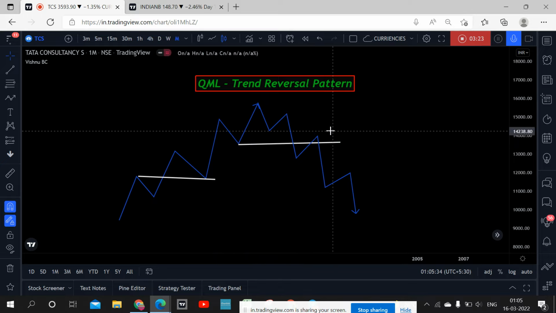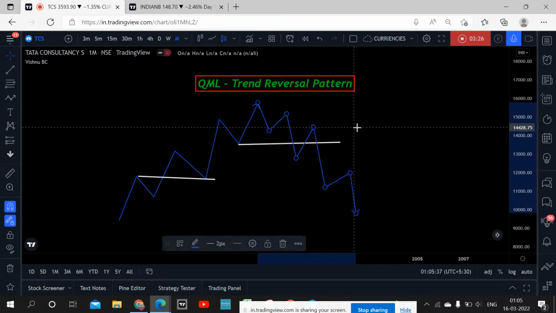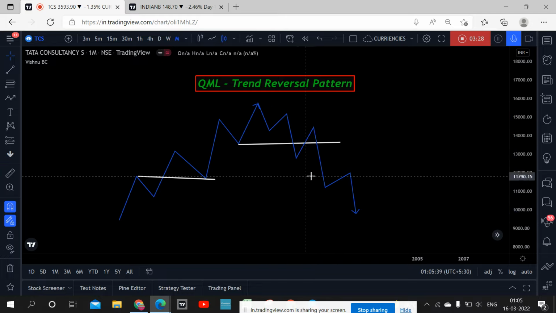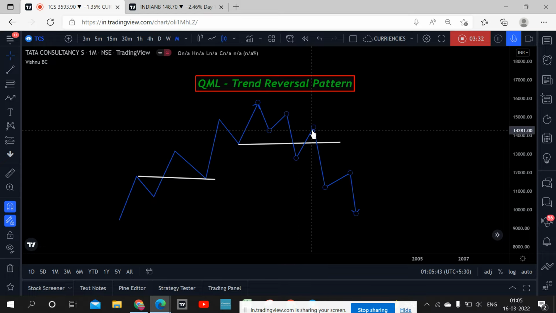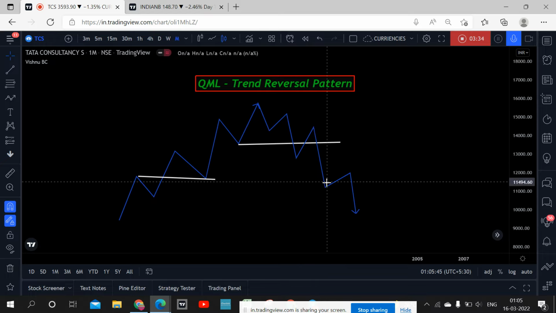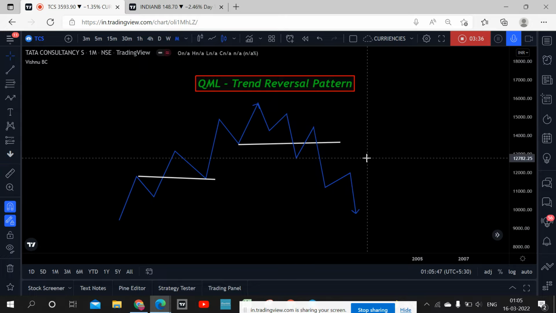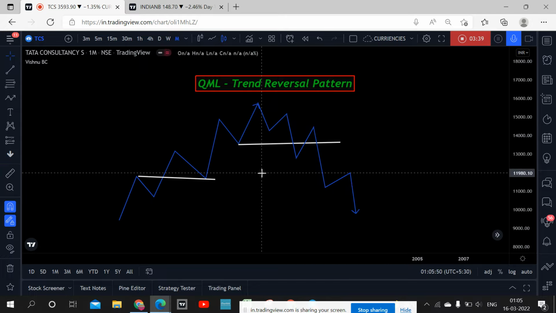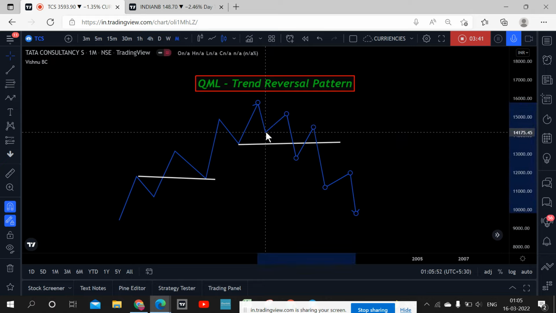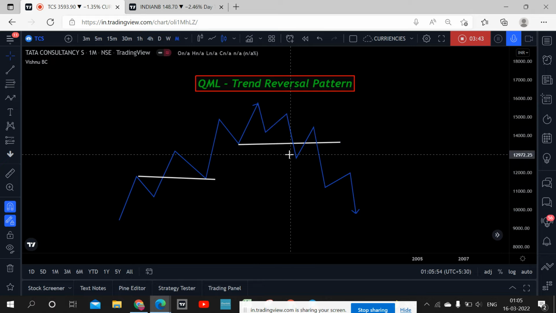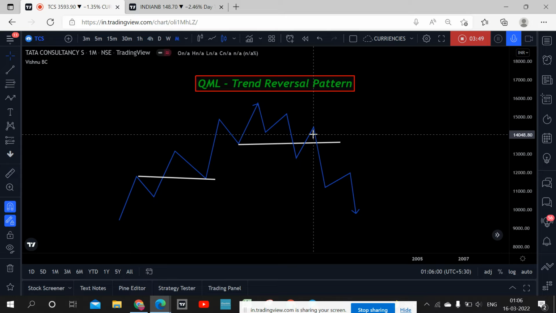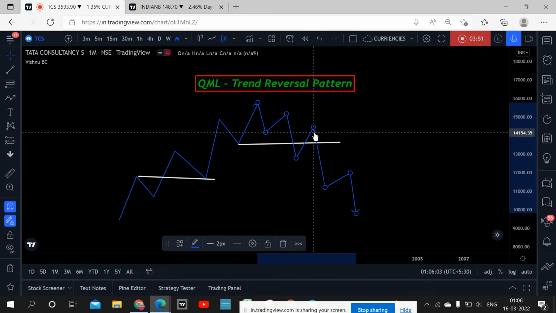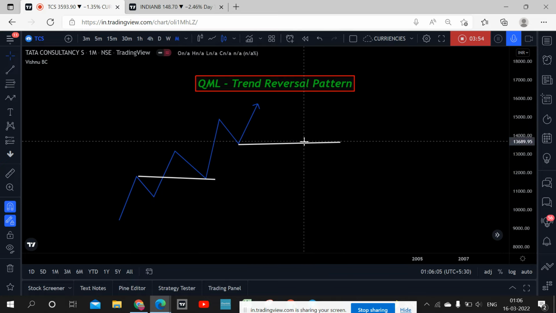But few people might not be aware of whether it has made a lower low, or when it is going up, whether the trend will reverse down or not. This is close enough to Quasimodo. Whenever a fresh lower low is made, that is the point where the trend has changed from buy to sell. So in this video, I'm gonna explain this high probability trade setup.